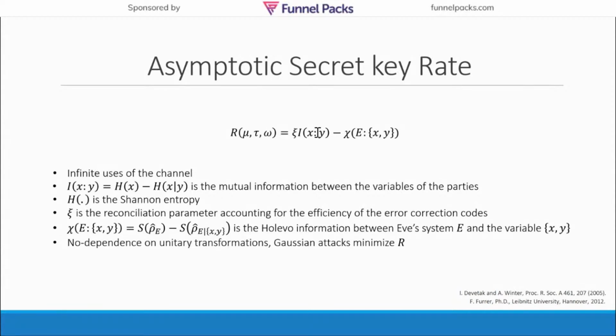And the Holevo information quantifies how much knowledge there is between one of the variables and the eavesdropper. So by taking the difference, we can actually calculate the secret key rate. This is how many secret key bits we can have, given that we have sent one signal state.